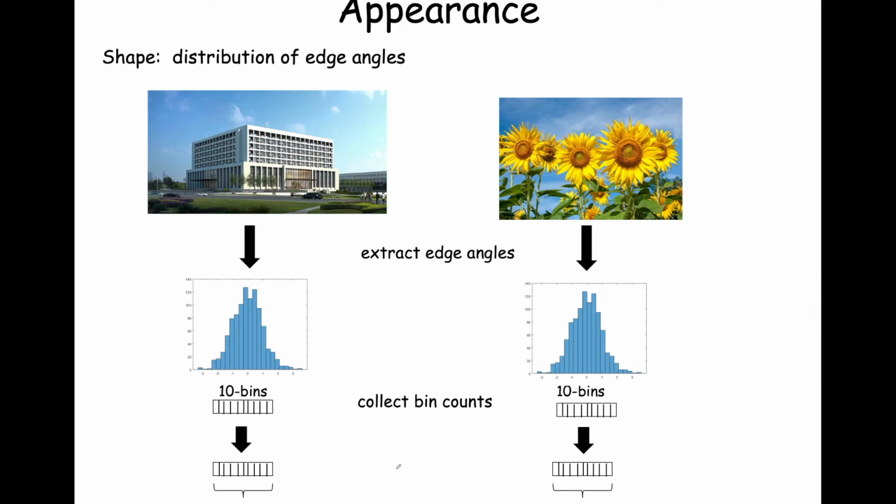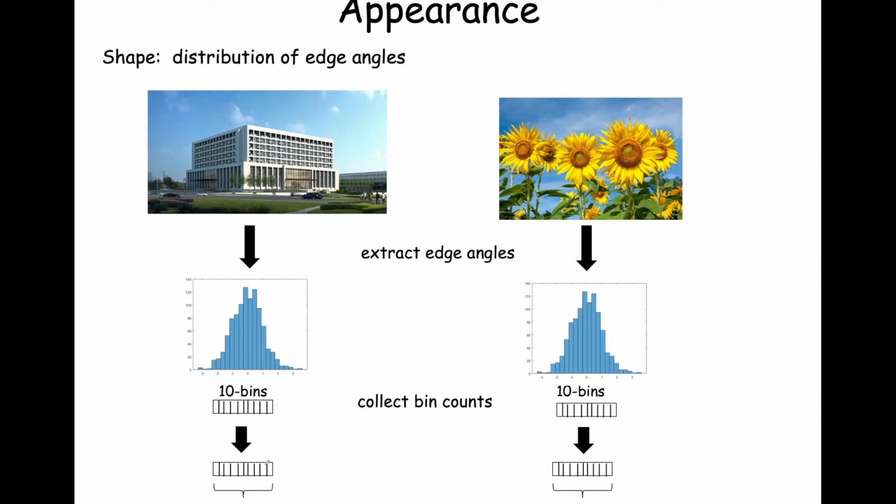So then we take those pixels and we calculate a histogram over all those edge angles. Let's say we use 10 bins, we get this 10 vector representing the bin counts. So we're quantizing all of those edge orientations from 0 to 180 degrees into 10 bins. And we take those counts and we treat those as a 10 vector.